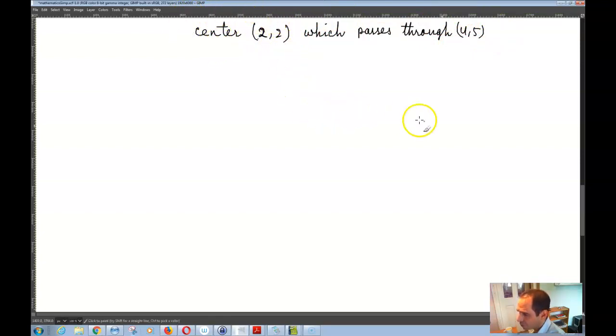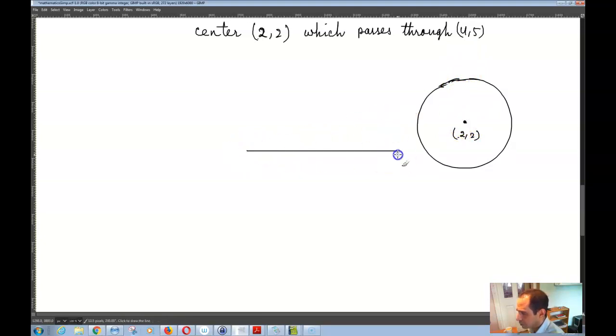Because if you know where your center is, suppose that this is your circle and this is your center. Let's say this is the coordinate axis and 2, 2 is over here.